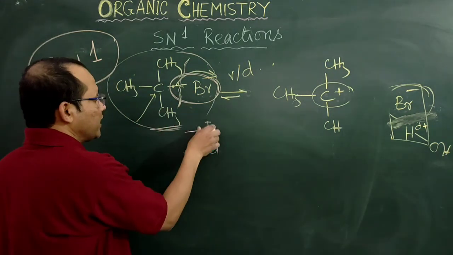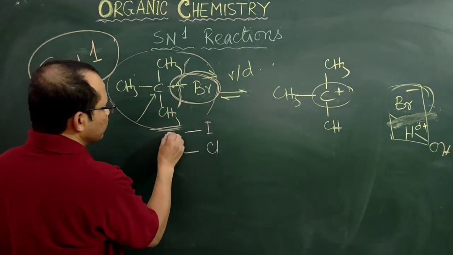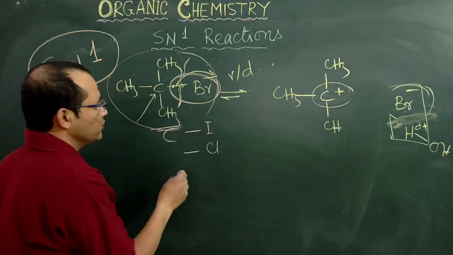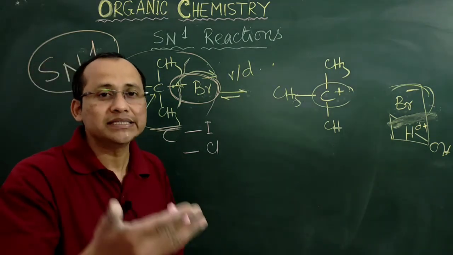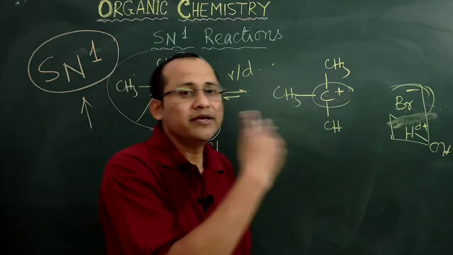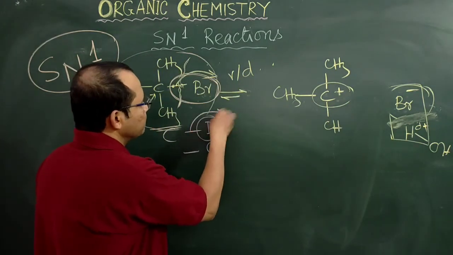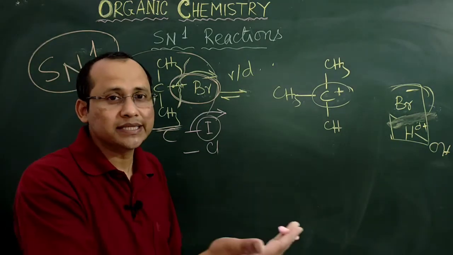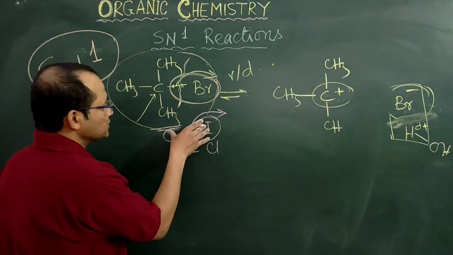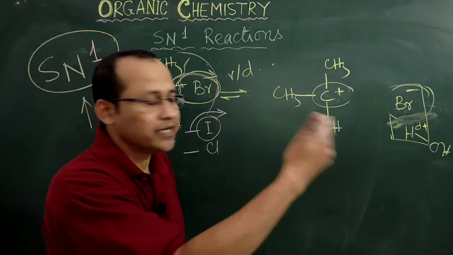If we take iodine in place of bromine, then this carbon-iodine bond will be cleaved more easily, because iodine has strong leaving group aptitude. It can leave the system more easily. So this reaction then will be at an even faster rate.